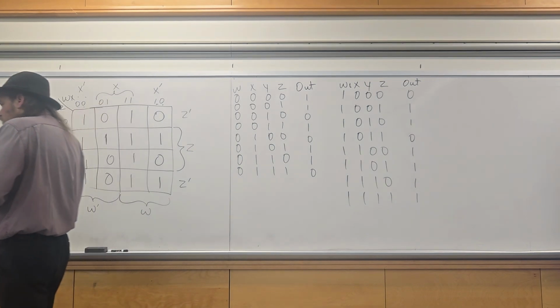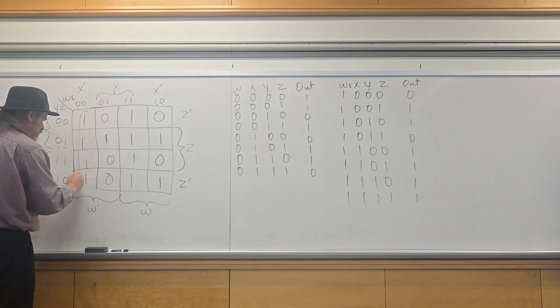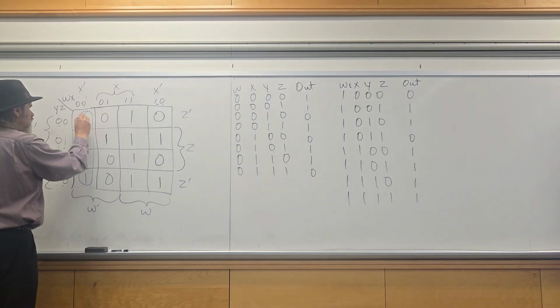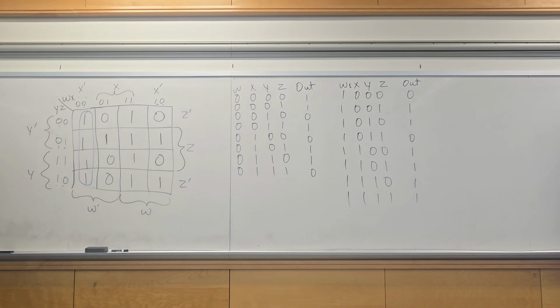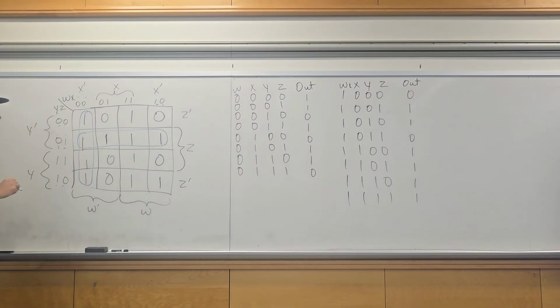Okay. Where would we have some groups? Whole first column, yeah. All right. Any other groups of 4? Across the second row? Third column?